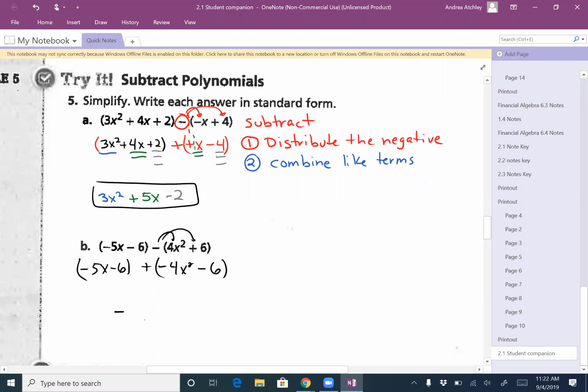So you should get -4x squared, -5x. Okay, this is where we went wrong. This is a -6 and a -6. Same signs you add, and they keep their sign. So it should be a -12. That's the mistake I saw most. I had a lot of people with just -4x squared and -5x. So fix your answers. Make sure you know how to do that.